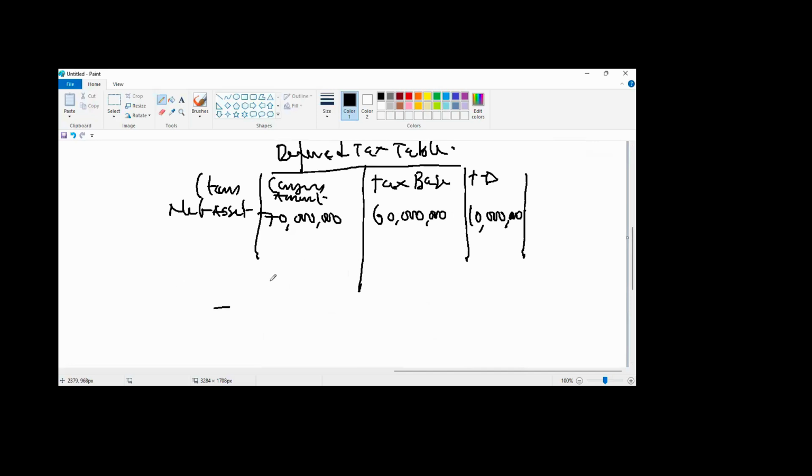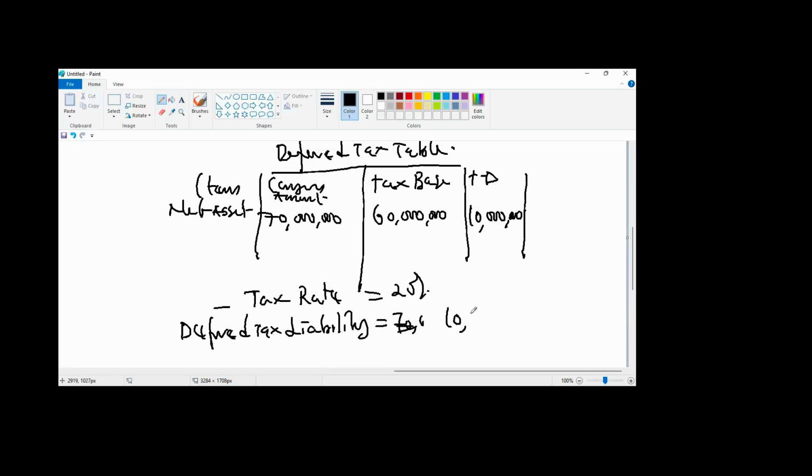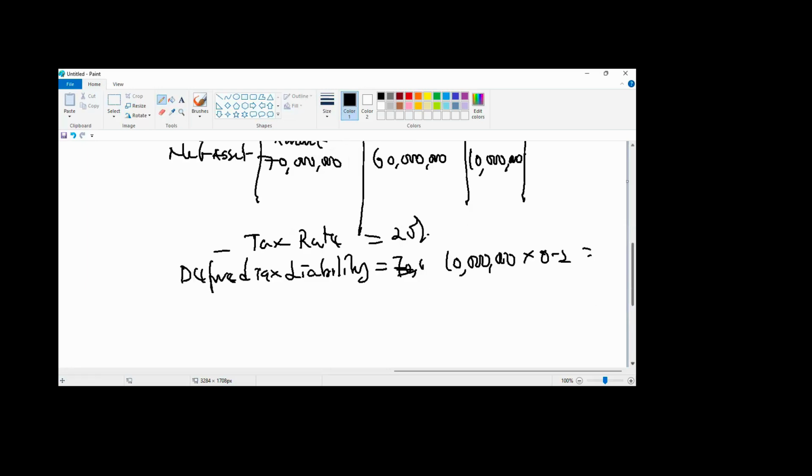Now, tax rates, 20%. So deferred tax liability now. How do I know it's a liability? Because the carrying amount is greater than the tax base. So 10,000 times 0.2.